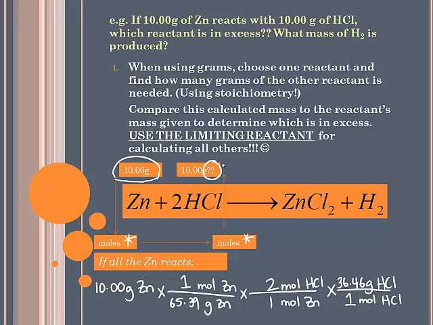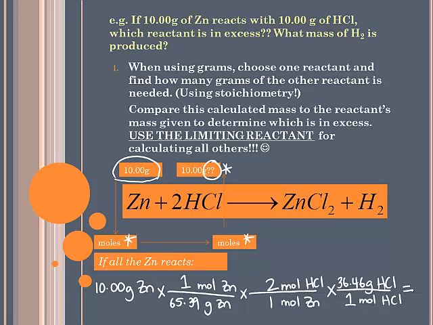Because I've hit the destination, the point that I was trying to calculate, I put an equal sign. And now I just put it in the calculator. So 10 divided by 65.39, times 2, and multiply by 36.46.